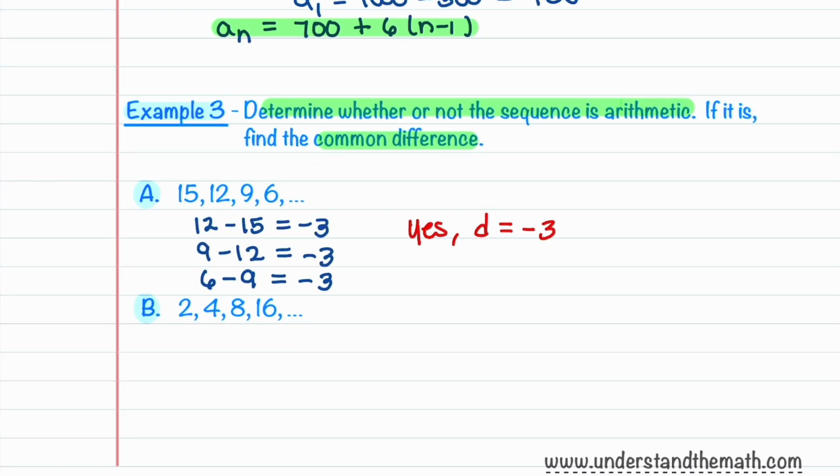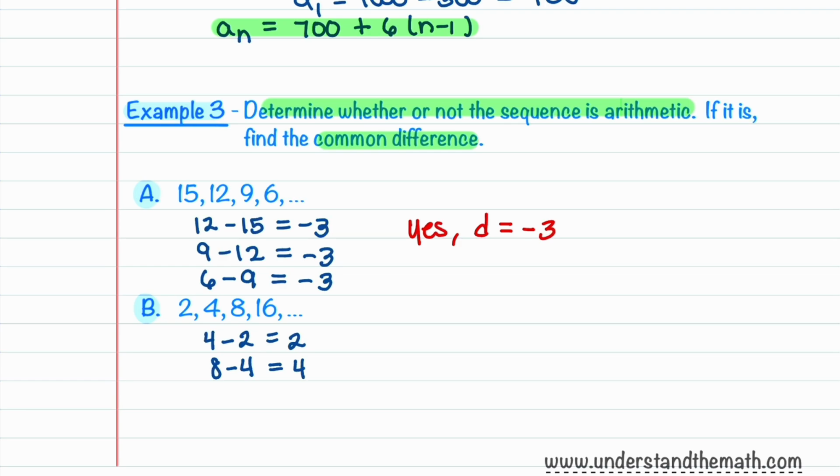Let's now look at our next example. We're going to do the same thing. To see if it's an arithmetic sequence, let's take our second term and subtract our first term, and that's 2. So you're always taking the term on the right and subtracting the term on the left. Our next one will be 8 minus 4. That's equal to 4.